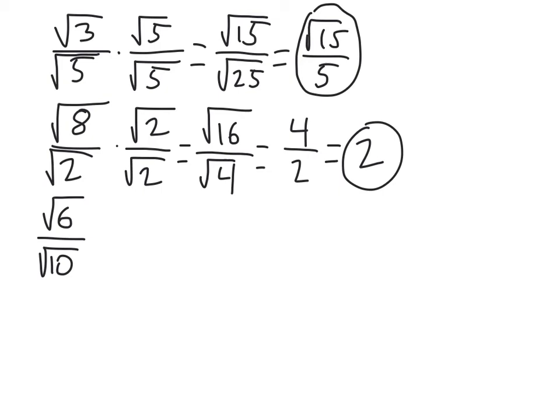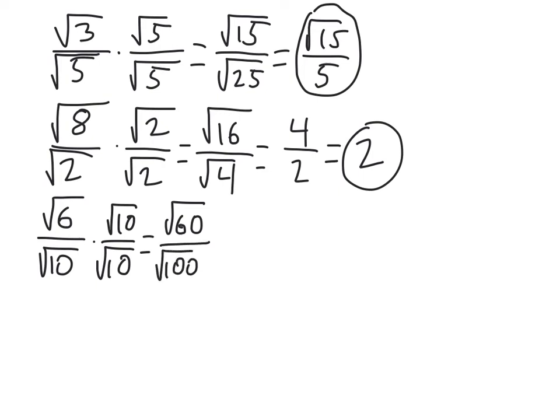Now in this case we have square root of 6 divided by the square root of 10. So again, multiply by 1, or square root of 10 over the square root of 10. On top, that'll give us the square root of 60, and on bottom, that'll give us the square root of 100. So on top, the square root of 60 is not nice to take the square root of, but it can be simplified. So you have to think back to our perfect squares list. What can you divide 60 by that is a perfect square?